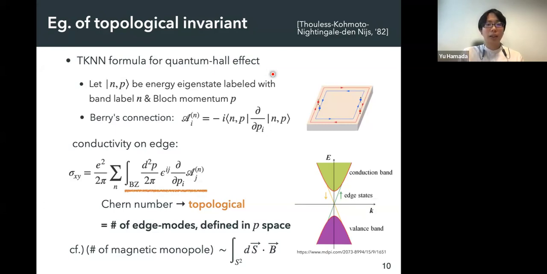The quantum Hall effect means that in some material, when we apply a magnetic field and an electric field, some current can flow on the edge of the material. So this is the quantum Hall effect.